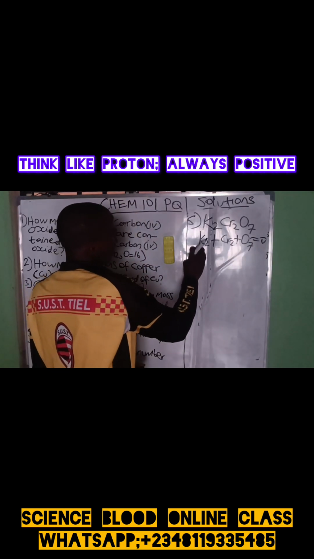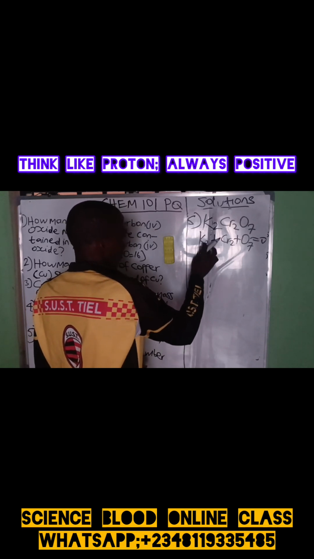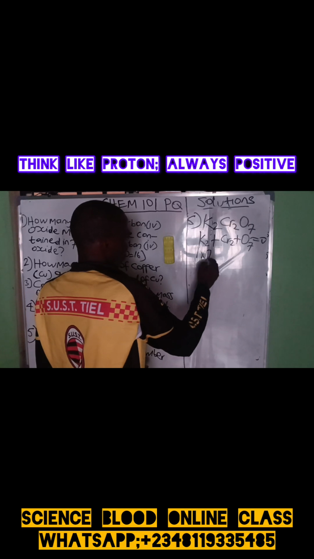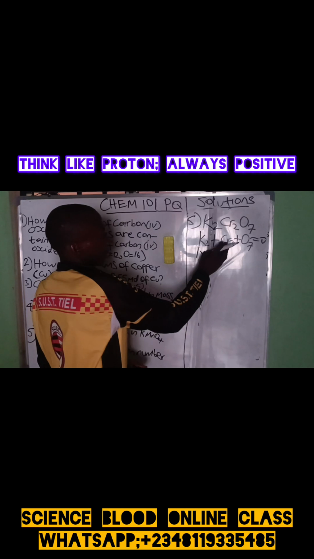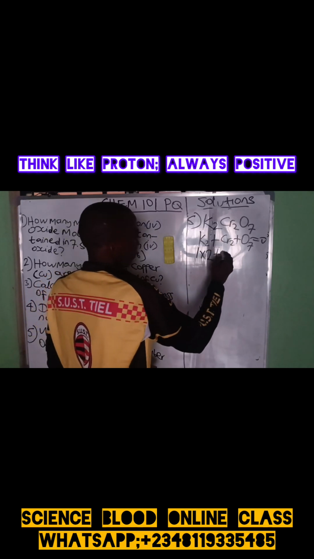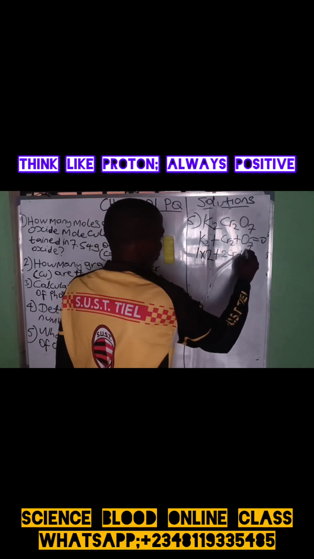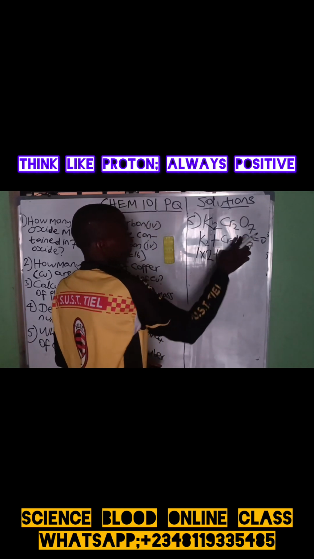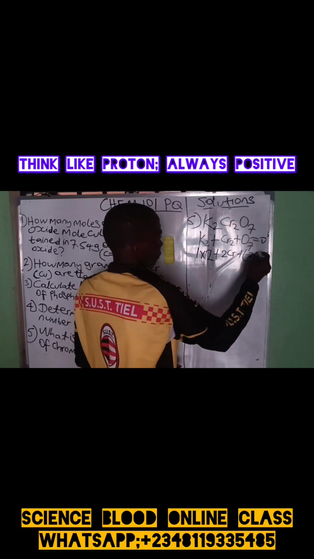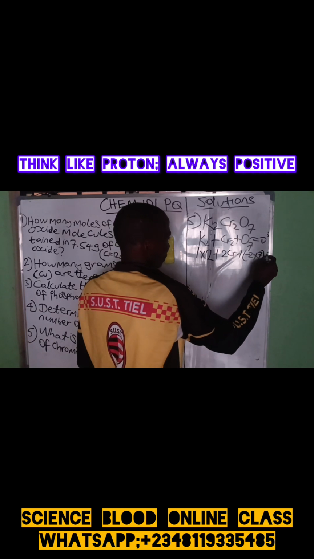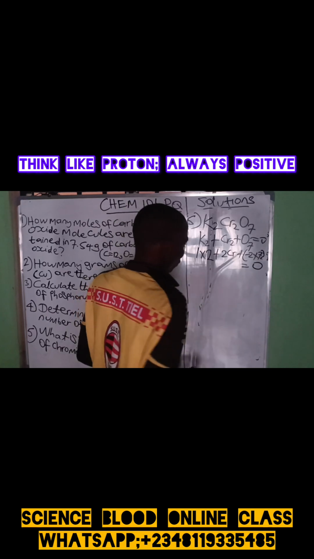The valency of potassium is 1 multiplied by 2 atoms of potassium, plus the one you are looking for, 2 times Cr, plus, open a bracket, the valence of oxygen is minus 2 times 7 atoms of oxygen, close bracket. Please always remember to equate everything to 0.